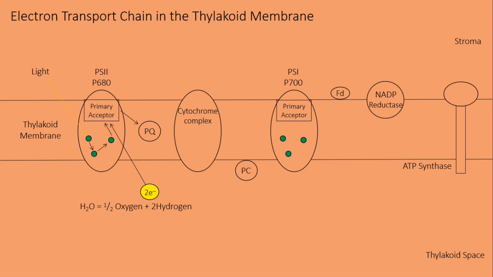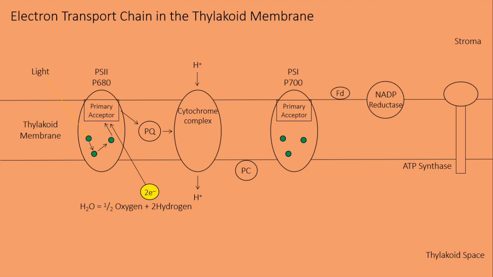Next, plastoquinone is going to carry electrons to the cytochrome complex, and as the electrons pass through that complex, it will pump protons from the stroma, that is from the outside of the thylakoid, into the lumen or the inner thylakoid space.